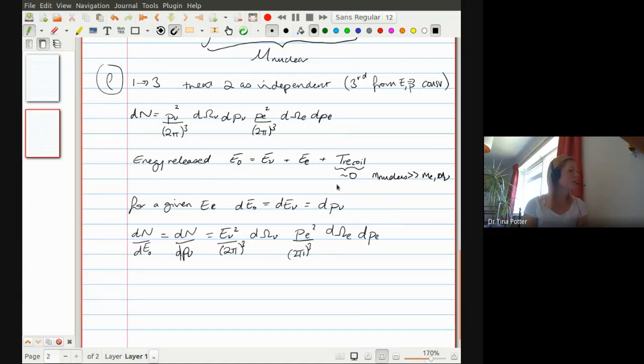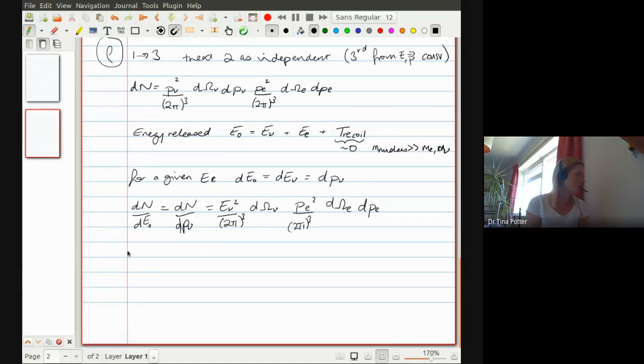Next thing we want to do is integrate over our solid angles. For both of these, and we're going to assume it's an isotropic decay. So we're going to have our 4 pi coming in here from each of those.